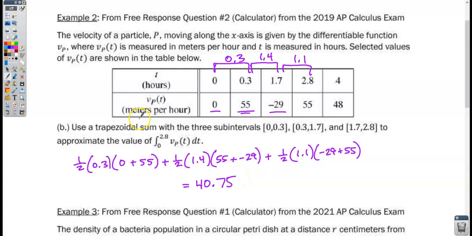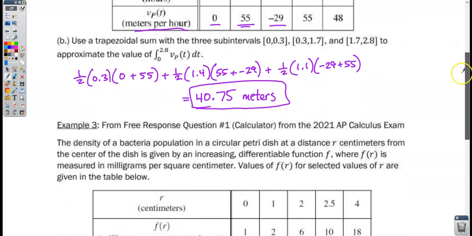Now since the velocity is measured in meters per hour and time is measured in hours, we multiply those two units together to get that this is 40.75, and that is the displacement of the particle. That's what that represents, but we'll talk about that more later on in the course.